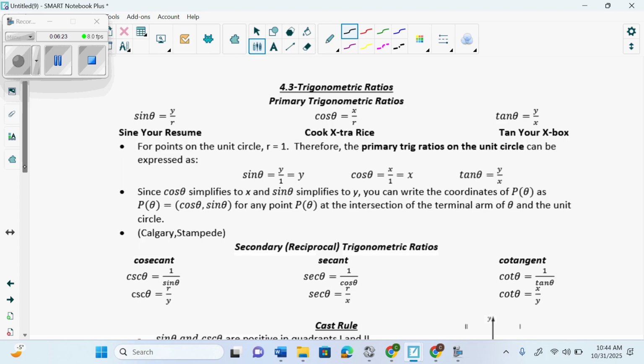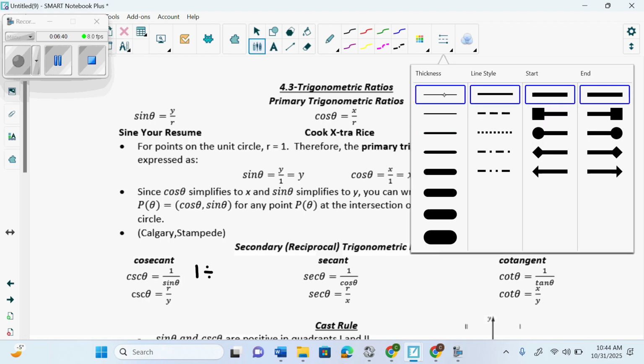So cosecant goes with sine. And if you don't remember that, at the top of your formula sheet, it literally gives you this formula. It says cosecant theta equals 1 over sine. Well, let's think about it. So it would be 1 divided by sine. Sine is your resume, correct?